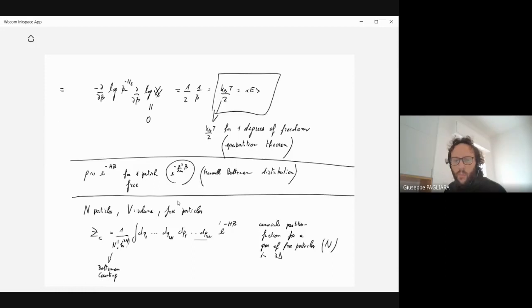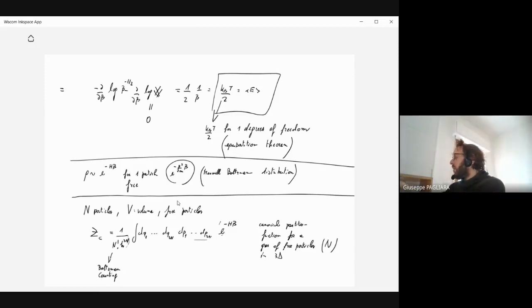Here just the number of particles and the volume are fixed. However, by integrating over all these coordinates and momenta, we are also integrating over the energy. But since we have an exponential here, the leading part of this integral is provided basically by the average energy of the system. Okay, we will see this in a moment.